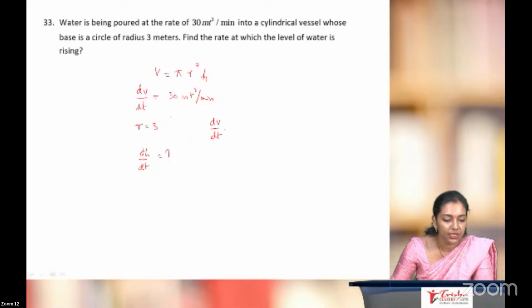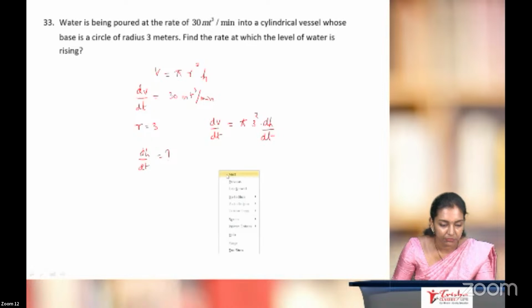Now differentiate it. dV by dt, with respect to time. Differentiation is nothing but rate of change of one with respect to the other. So volume with respect to time equals pi, which is a constant, times r squared, 3 square, and differentiation of h, that is dH by dt. Substitute the values: dV by dt is given as 30, so 30 equals 9 pi dH by dt.